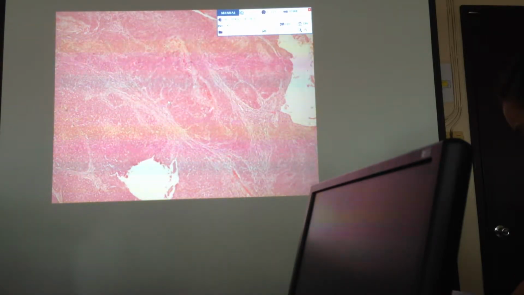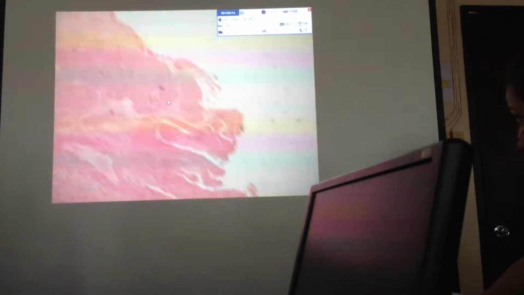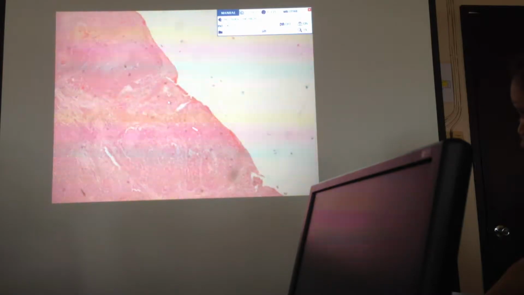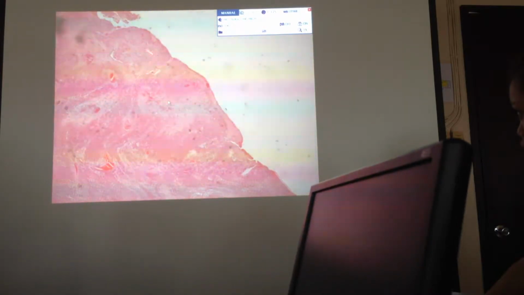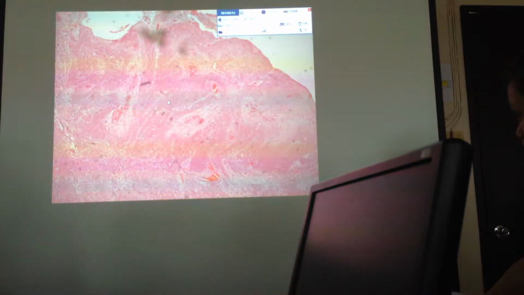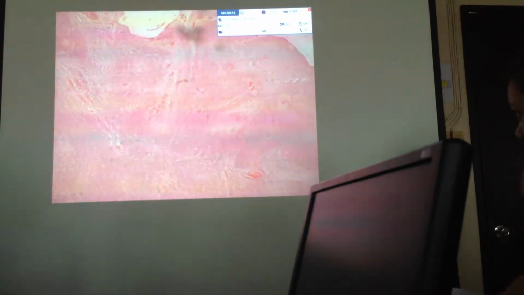Okay, so how do you know that this is coming from the squamous epithelium? So just look for the origin. Always look for the origin. So it's coming from the uppermost portion going downwards, and it would mean that it's epithelial in nature.